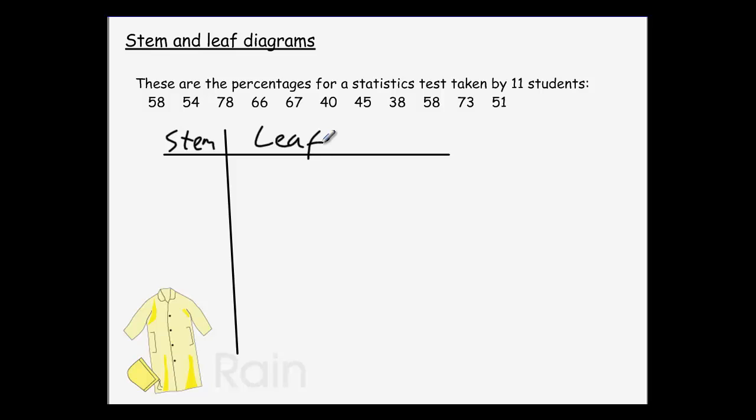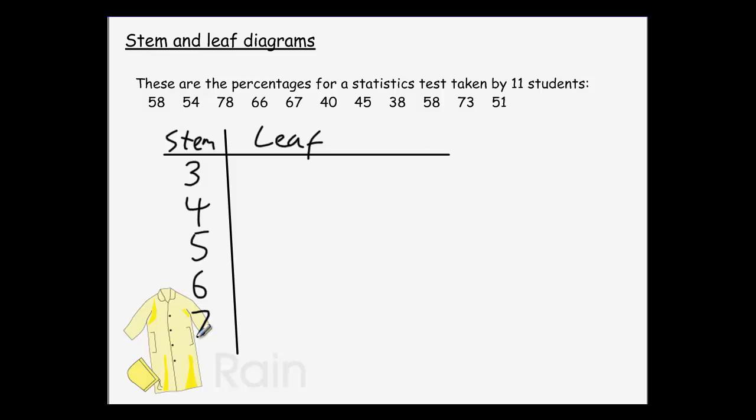Okay, we need to choose numbers for the stem so that the leaf only has a single digit. So looking along, we want to have our stem as 3, 4, 5, 6, 7, so that to get any of the numbers in the data set, we just have to write a single number in the leaf.